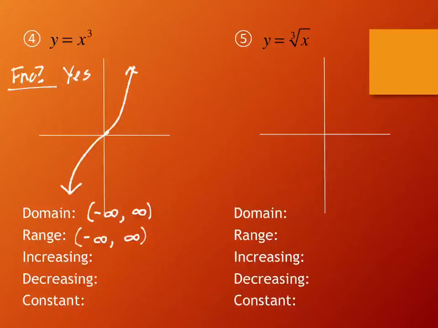Now, I may be doing it faster at some places and slower at some places, but I'm still going uphill the whole time. Those of you who have ever run hills know those hills that are really gradual, and the hills that are really steep, but you're still going uphill, right? So we are increasing from negative infinity to infinity. Again, there are no places that are decreasing or constant on this one.